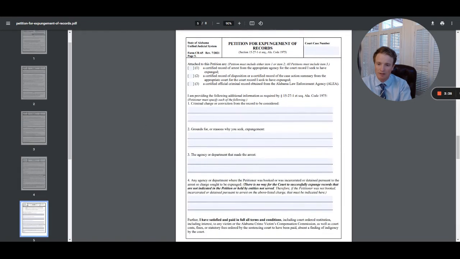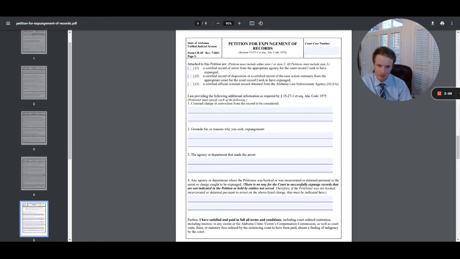Here you fill out that you've got that certified copy of arrest from the agency, certified copy of the disposition, or a certified copy of the criminal record. Here you fill out the charge that you're going to request to be dismissed, and the reasons why you seek expungement.